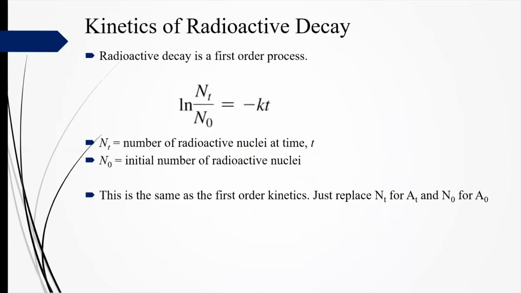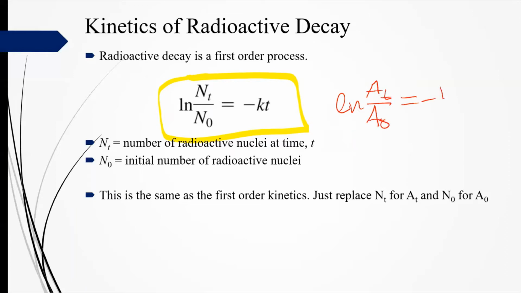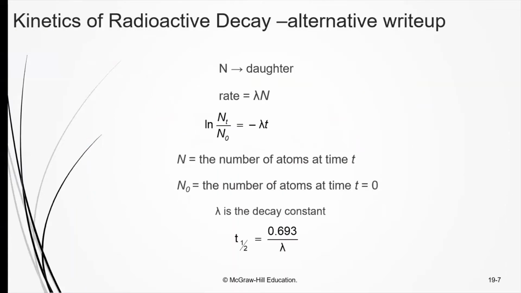And so this is our expression for our integrated first order. We've only changed this: instead of ln of A t over A naught, we've changed it with our k. Now, what's written in your book is slightly different.